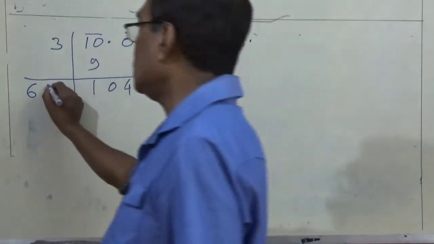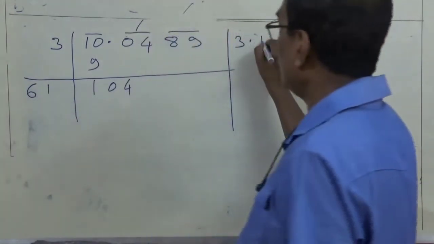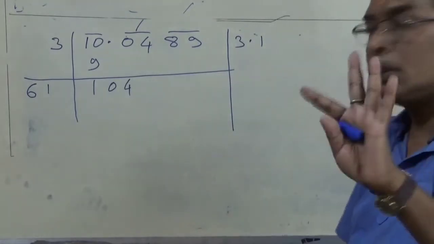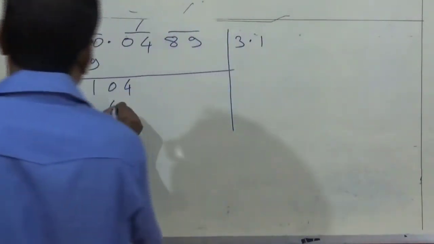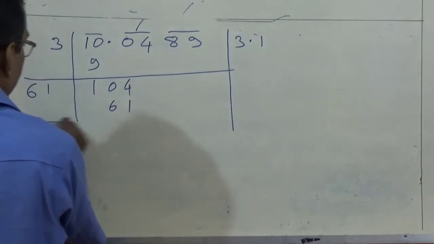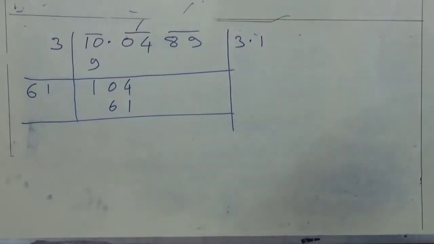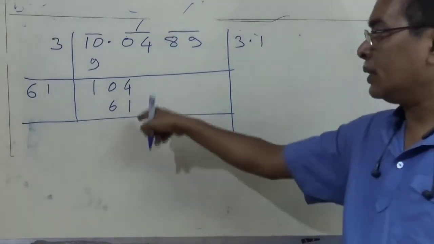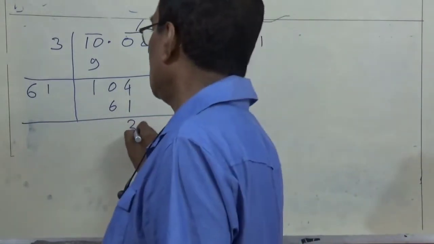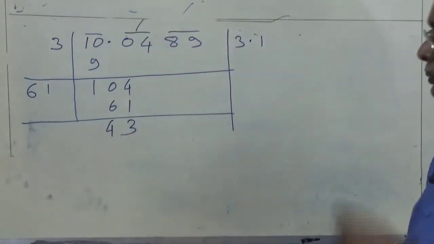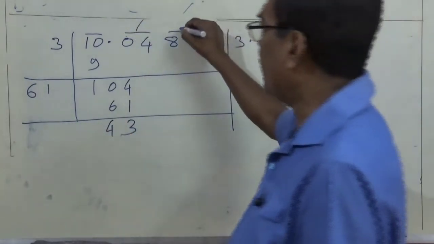So write here 1. No need to take any test in the rough column because 61 into 1, if you multiply, 61 1s are 61, which is less than 104. So write here 61. Okay. Now take the subtraction. 4 minus 1 is 3. 6, 10, 4, 43. Now this 89, the next pair, will come here.